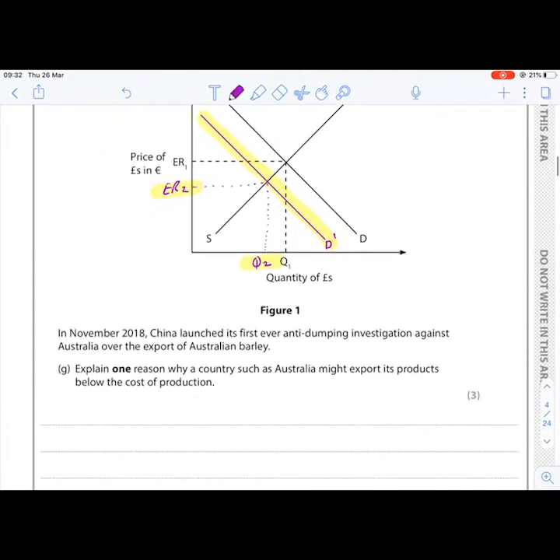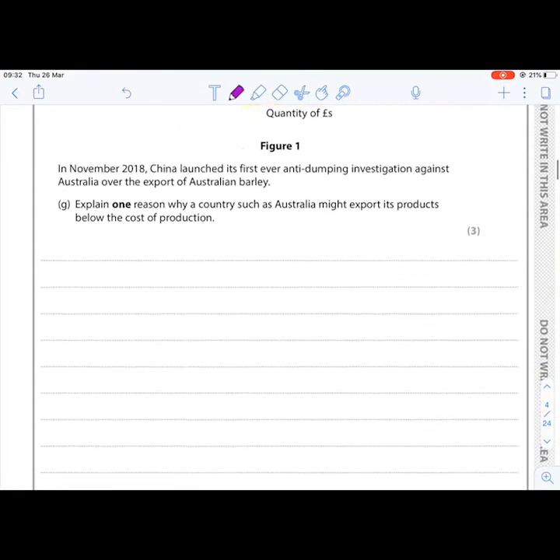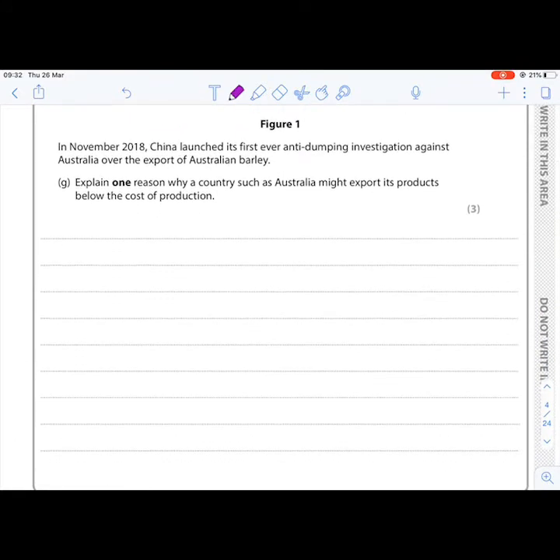Okay, moving on to G. In November 2018, China launched its first ever anti-dumping investigation against Australia over the export of Australian barley. Explain one reason why a country such as Australia might export its products below the cost of production.